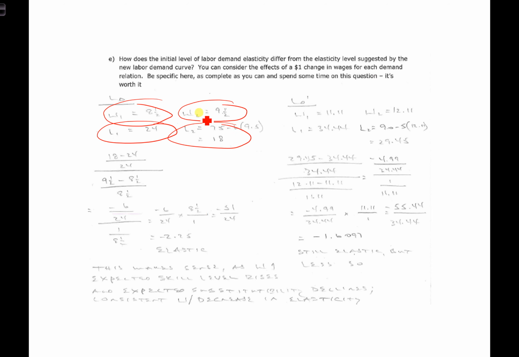So W1, W2, L1, L2, we put it into the simple equation such that we have L2 minus L1 divided by L1, all of that divided by W2 minus W1 divided by W1, such that we end up with an elasticity of negative 2.25. So that's elastic. It's greater than the absolute value of negative 1, and that's the initial labor demand elasticity, the labor demand relation.